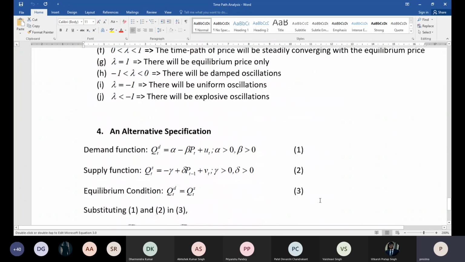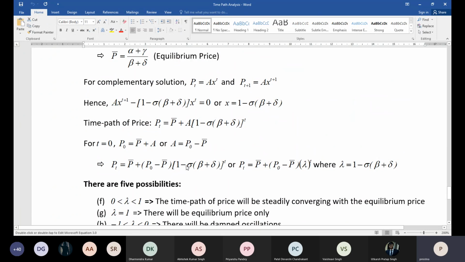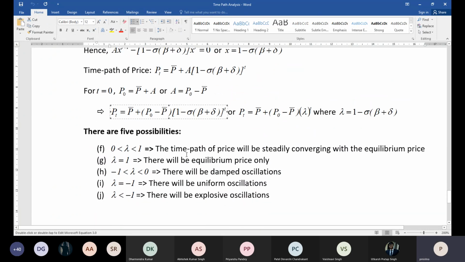And again, in the same way, we can derive the time path. And again, we have 5 alternative possibilities. So here what we are doing is, we have 2 equations, but these 2 equations are combined by using a third equation, and then we get a function in respect of price, and we try to understand its behavior.